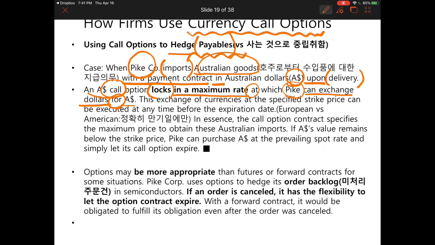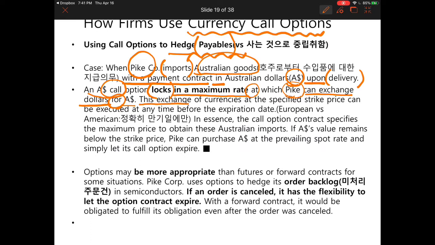So the maximum price I have to pay for the purchase of Australian dollars is locked in at the exercise price. So I became risk-free from further appreciation of the Australian dollar. That's what it is, right?